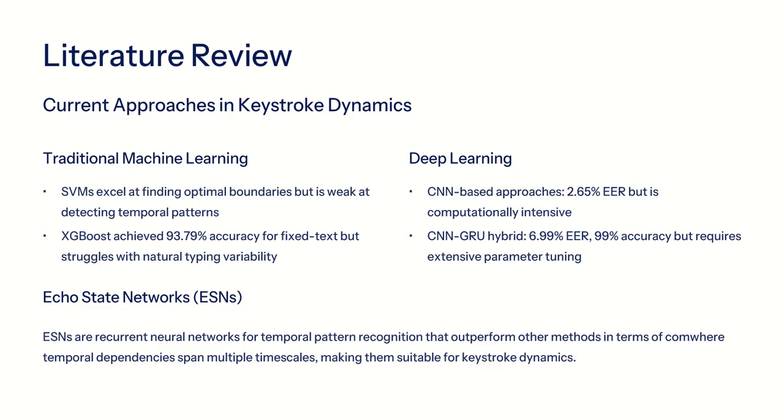So the current approaches in keystroke dynamics are traditional machine learning and deep learning, among which SVM, support vector machine, excels at finding optimal boundaries, but it is weak at detecting temporal patterns. Also, XGBoost achieved 93.79% accuracy for fixed text, but was not able to adapt to natural typing variability.